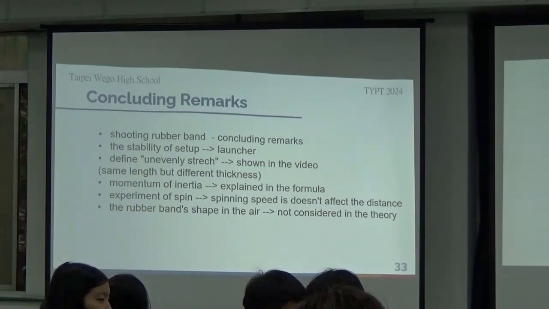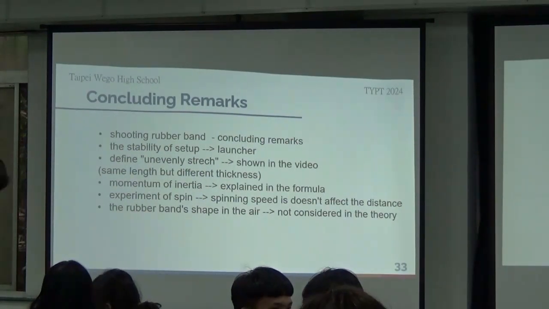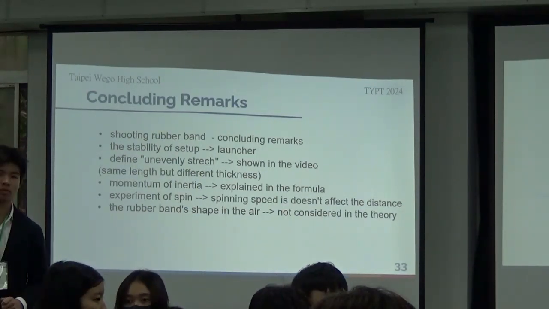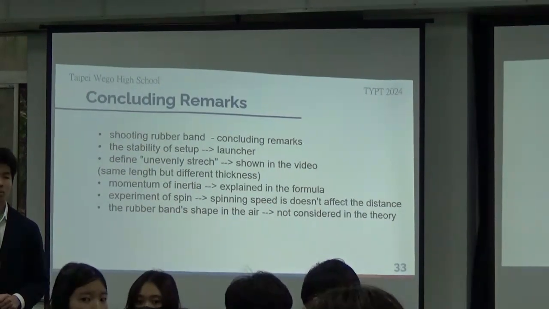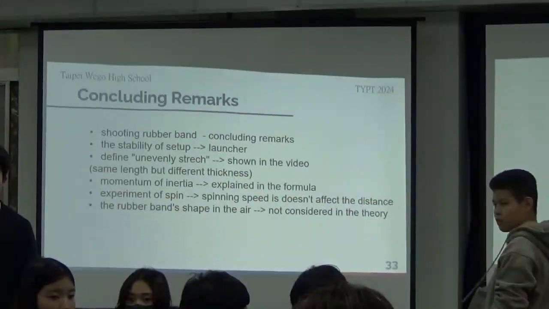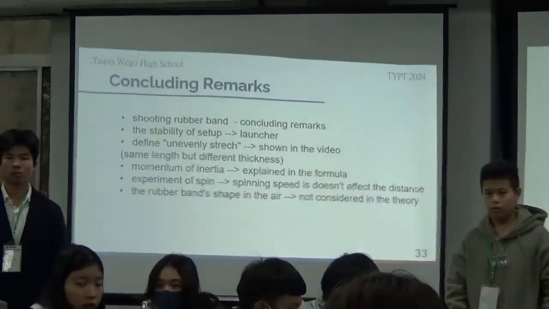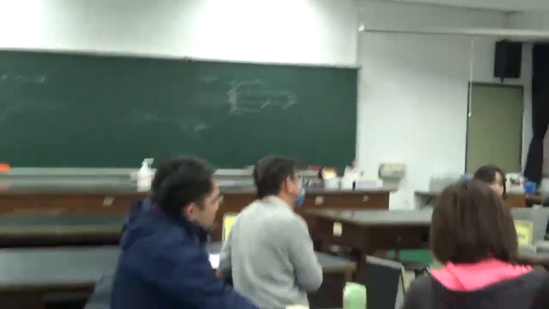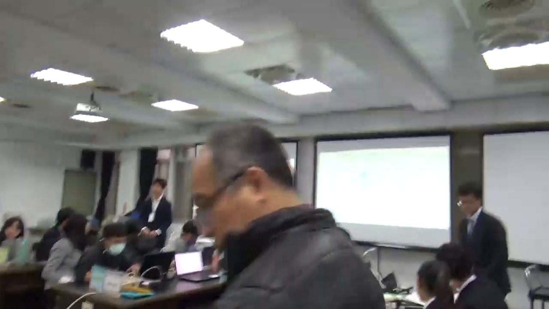Okay, so question from the juries to each of you. So, any questions? One question to three of you. So I just wonder, can you really apply Hooke's law in this circuit? No, because the K value is not constant.